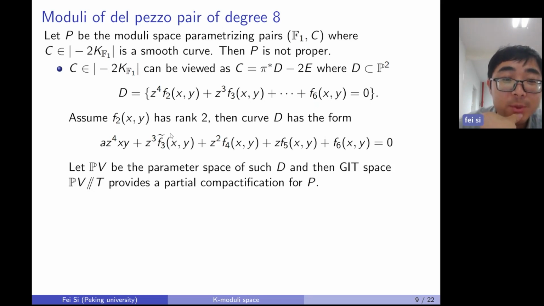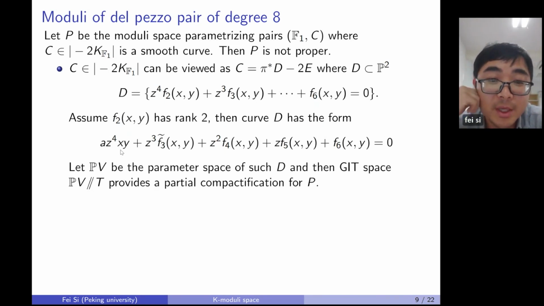Actually, this normal form is just obtained by quotienting out the unipotent part of the automorphism group of F1. After quotienting out the unipotent part of the automorphism group of F1, you will get a reductive group.